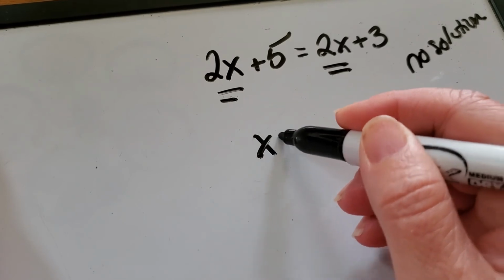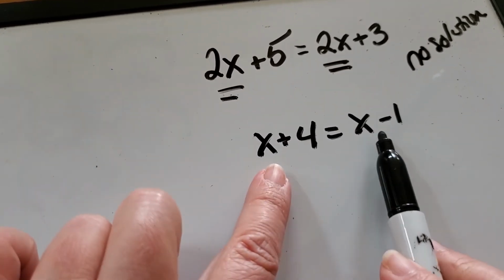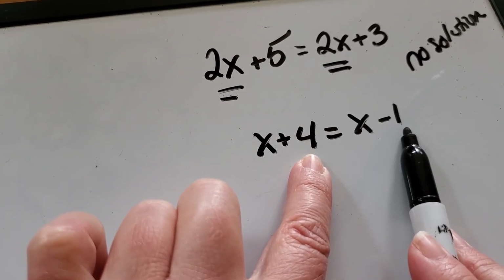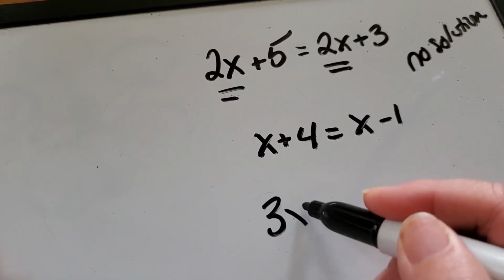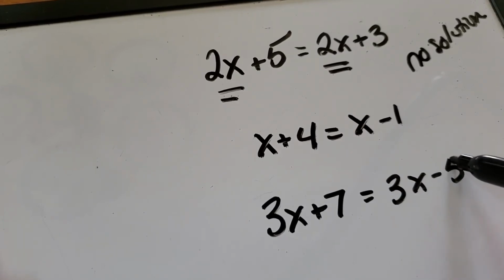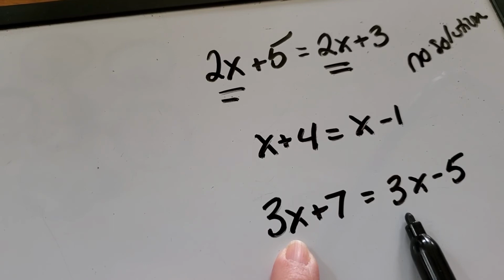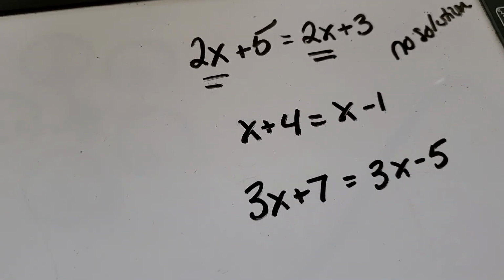Just like if you had x plus 4 equals x minus 1. Both sides have an x, but you're adding or subtracting two different constants with them. If you had 3x plus 7 equals 3x minus 5, that's also no solution because they both have 3 x's there, but one is adding a 7 to it, the other is subtracting a 5 from it.